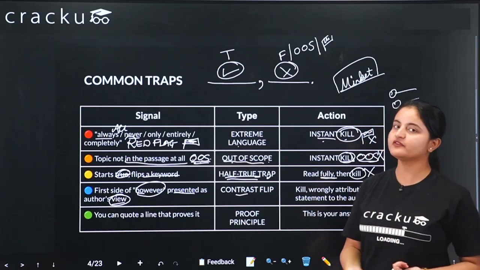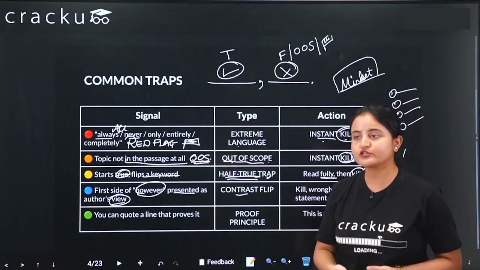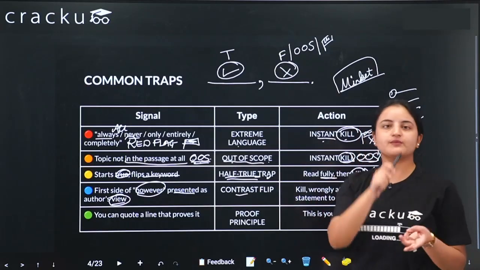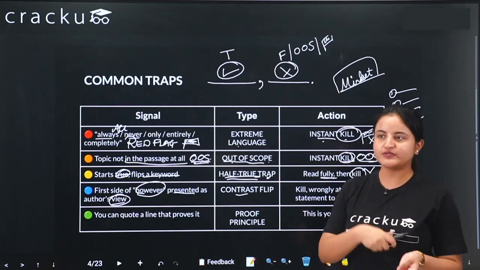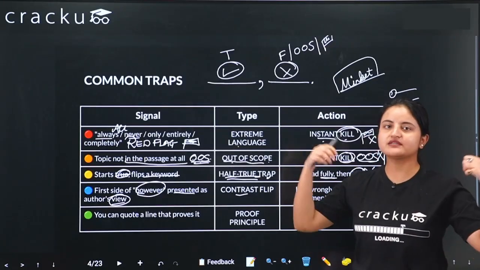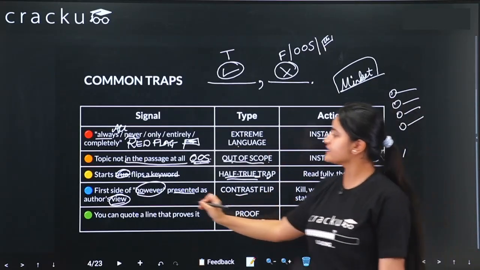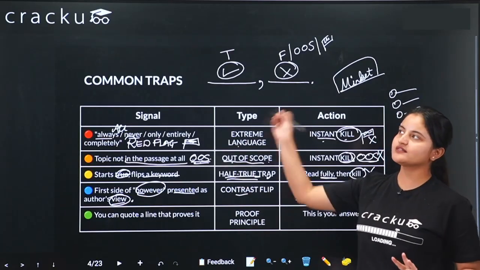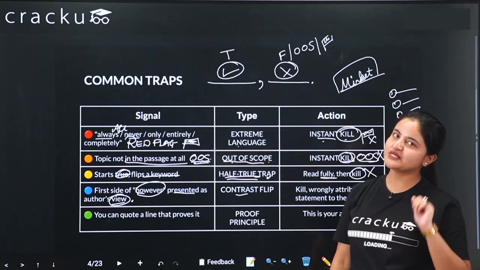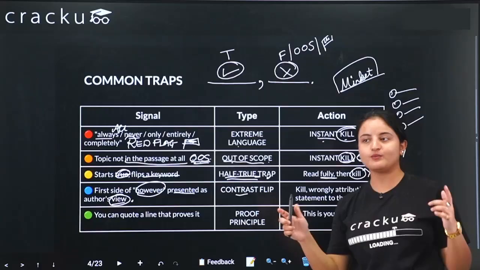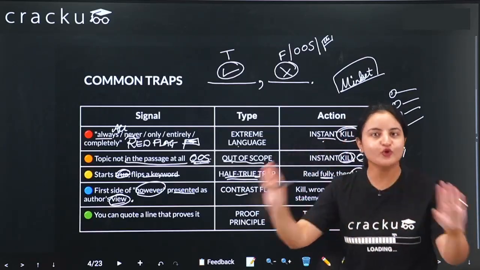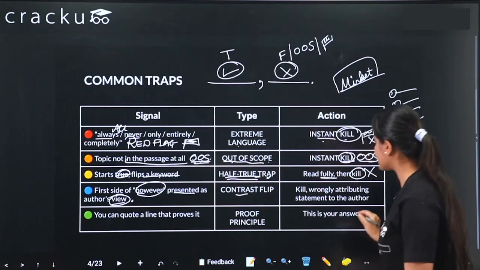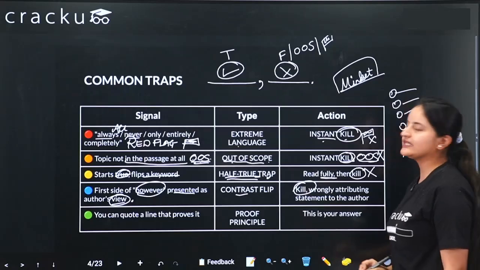Some things are simple facts, some things he or she is trying to criticize, some things he is just stating, some things he is just reporting, some things are history. Everything is not the author's view, and we should not mistake it. Just because it is written in the passage does not mean it is the author's view or that the author must believe in it. No. So we can remove this also. We have to kill this option as well.